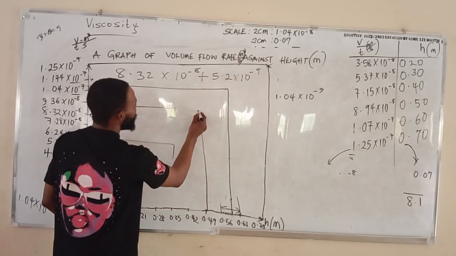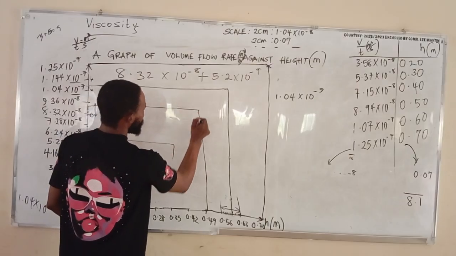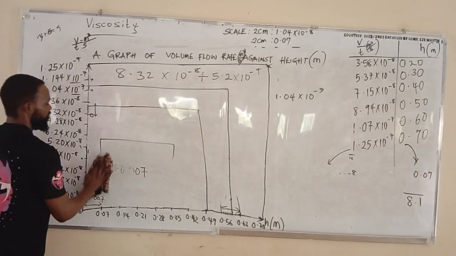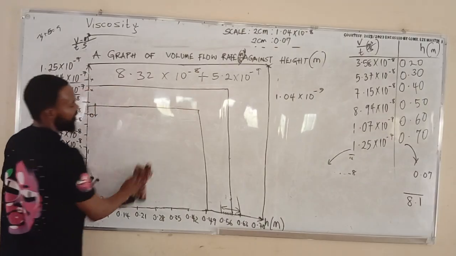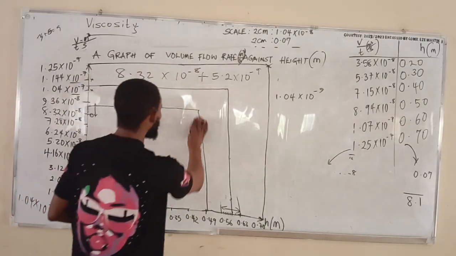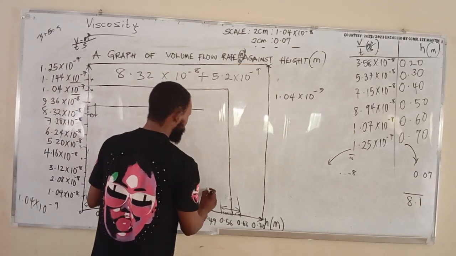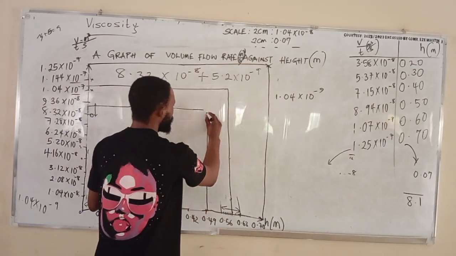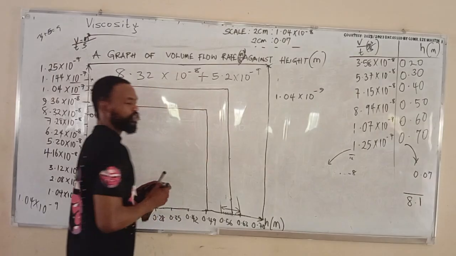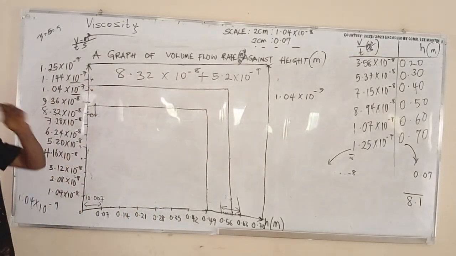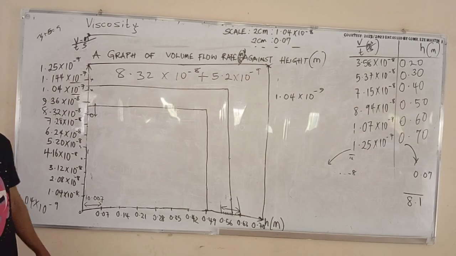So I now get this one. I'm not using a ruler now. For you, as you're doing your own, make sure it's straight. And please make sure the lines are faint lines. Some people, everything must be thick.